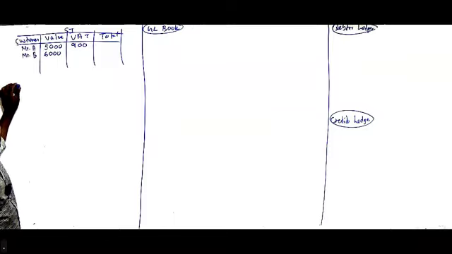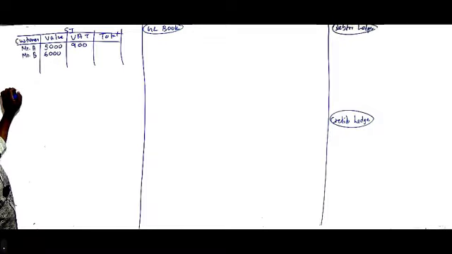6,000 at 18%. What's the value? I am asking you a question. 6,000 at 18%. How much? 1,080. Yes, 6,000 into 18%.